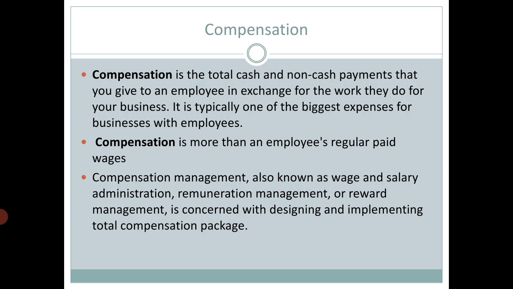So the second factor of production is labor. What is the reward which is paid to labor? We are going through the factors of production first, and then we will go through the concept of compensation.